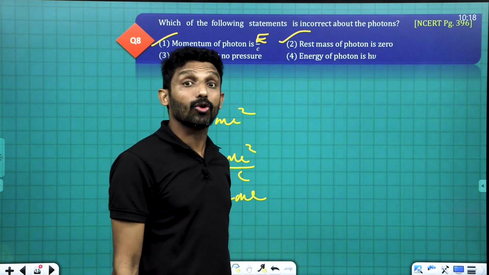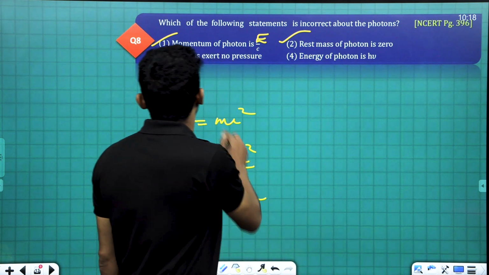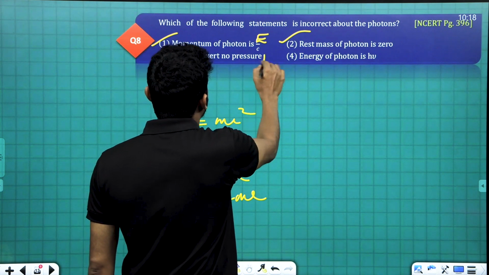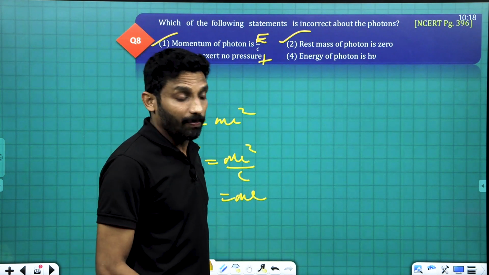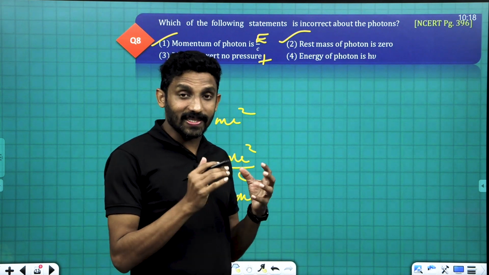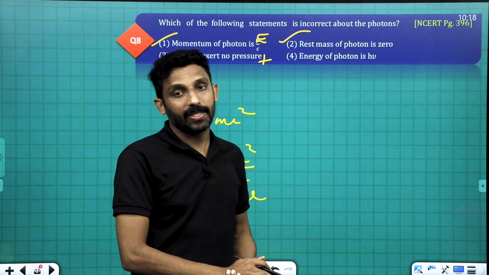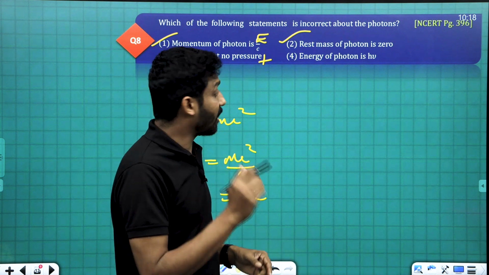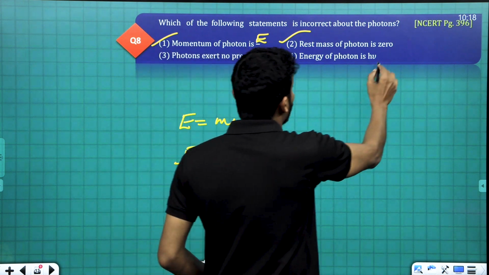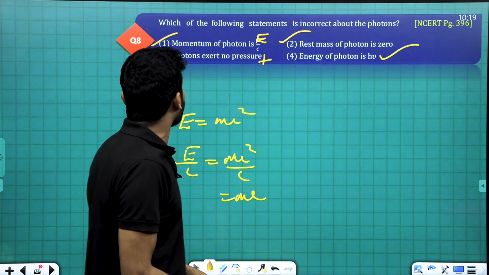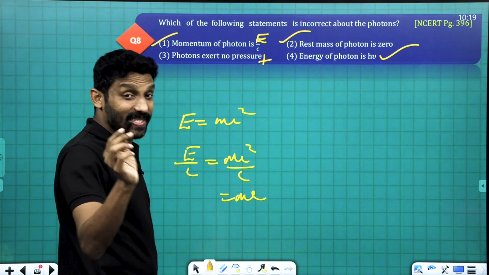The statement that photon exerts no pressure is incorrect. Radiations exert pressure on the surface on which they are hitting. No pressure means incorrect. Energy of photon is h nu, that is true. So the incorrect one is option C.